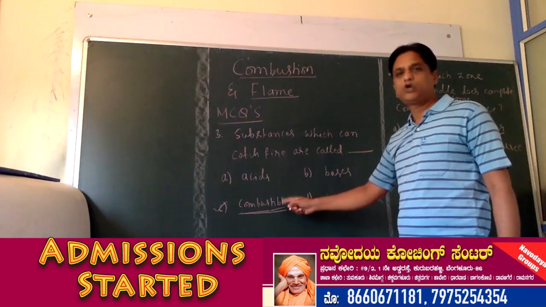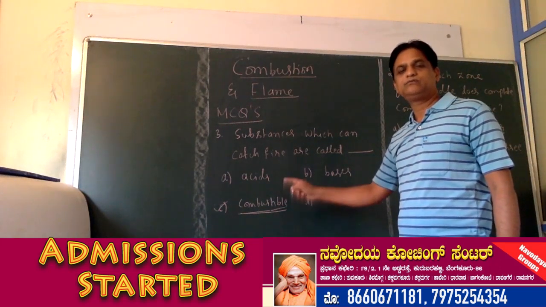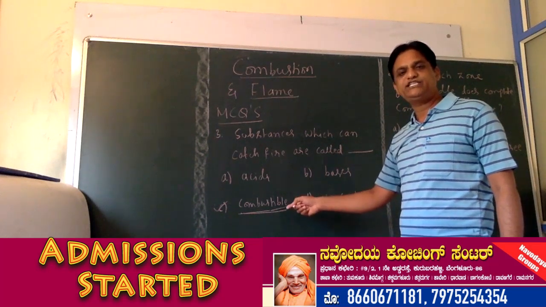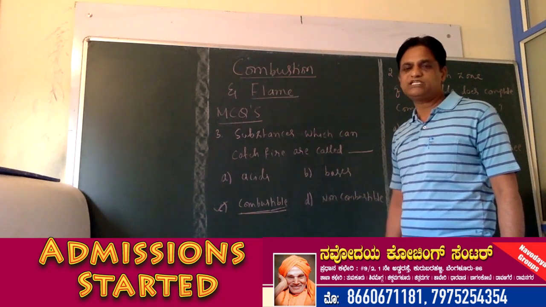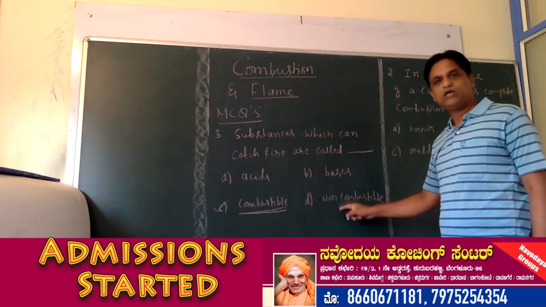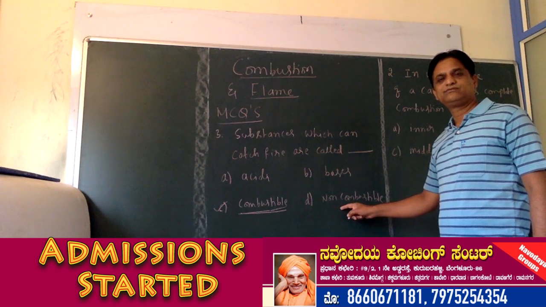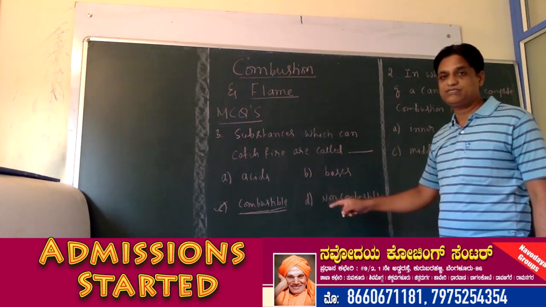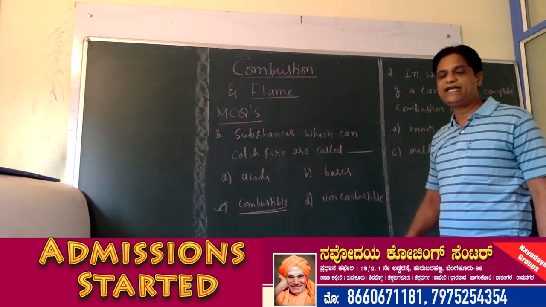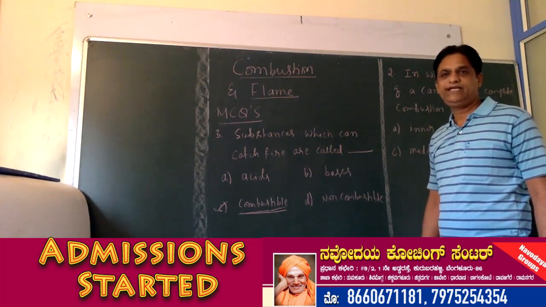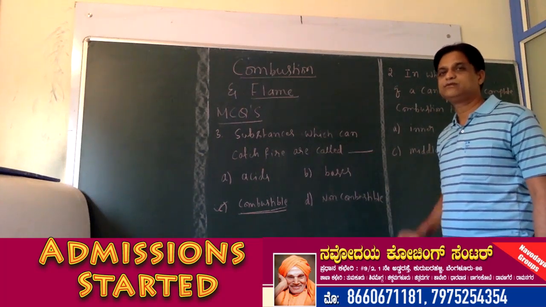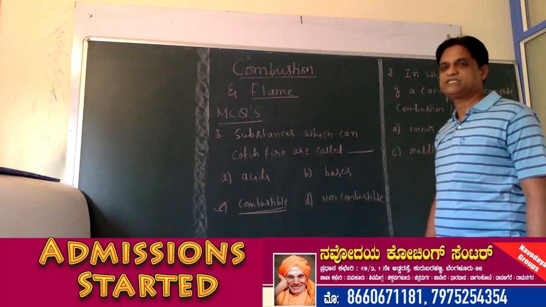Paper, cloth, petrol, kerosene, diesel, sulfur, magnesium are all combustible substances. Stone, water, soil, iron and metal are examples of non-combustible substances, as they do not catch fire on heating.